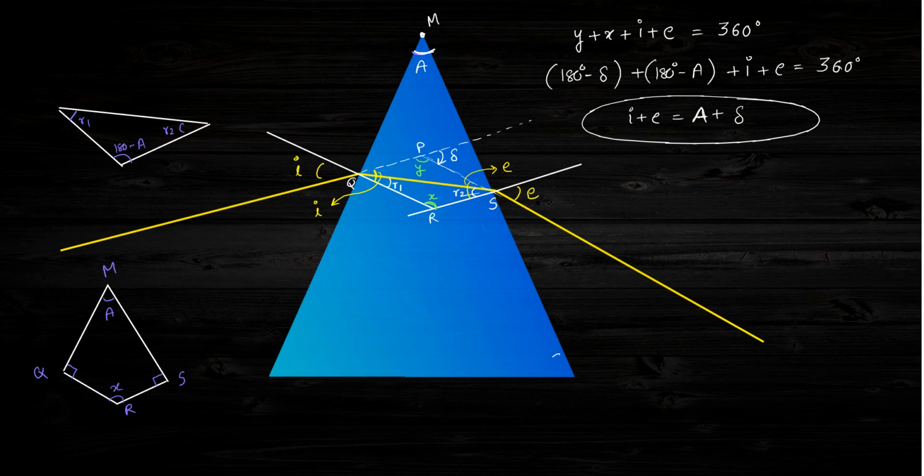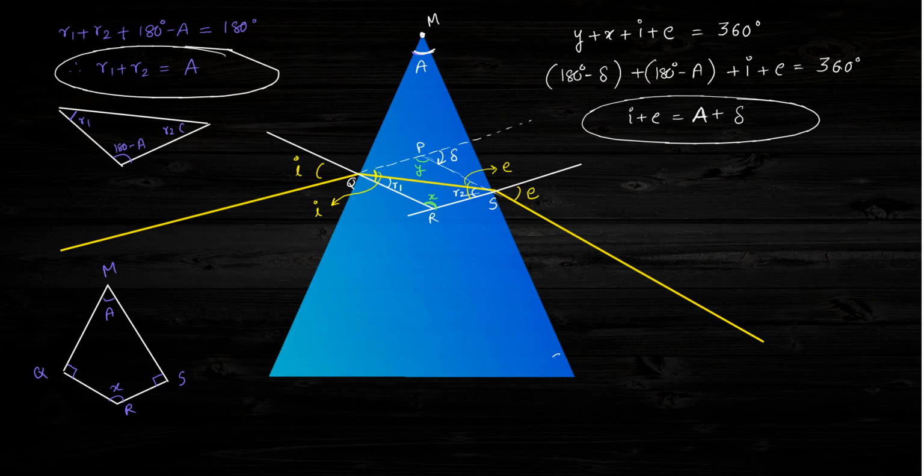So in this particular triangle, what we can write down is R1 plus R2 plus 180 minus A is going to be equal to 180, and therefore we get R1 plus R2 is going to be equal to A. So this is the second thing that we need to note and remember. So these are the parameters of the prism we need to understand well.